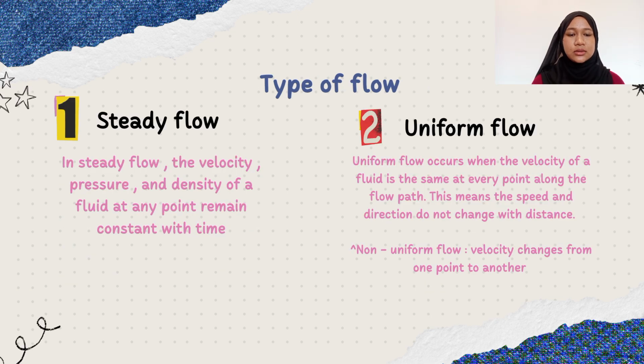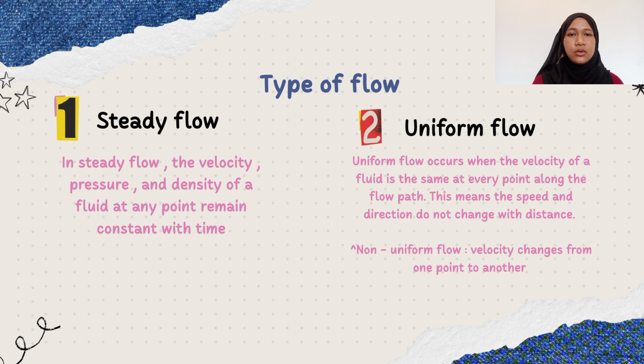Next, we are going to talk about types of flow. There are several types of flow that we need to understand. First, in steady flow, the velocity, pressure, and density at any point remain constant over time. This means the flow is stable. For uniform flow, the velocity is the same at every point along the flow path.